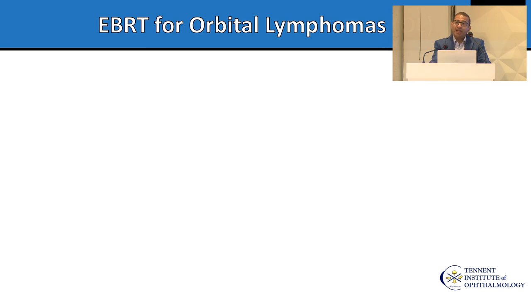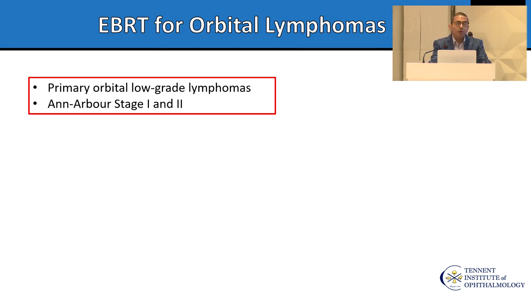The use of radiotherapy in orbital lymphomas is perhaps undisputed. Primary orbital low-grade lymphomas seem to respond best, and we have the backup of our hemato-oncology colleagues for this. Our role here is perhaps just to give a pathological diagnosis in the form of an orbital biopsy and then hand over to hematology.